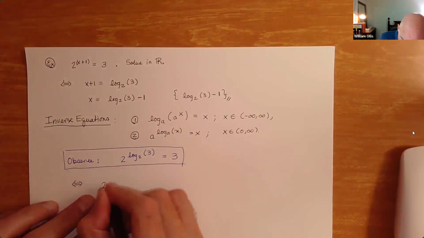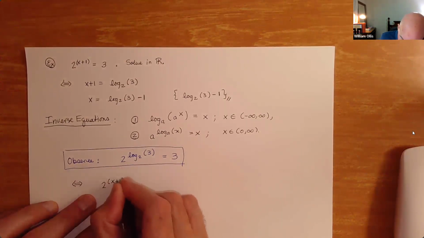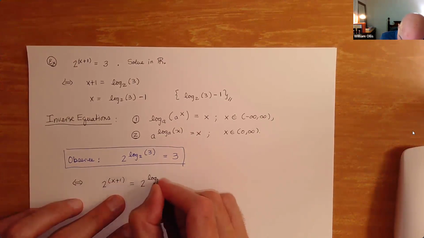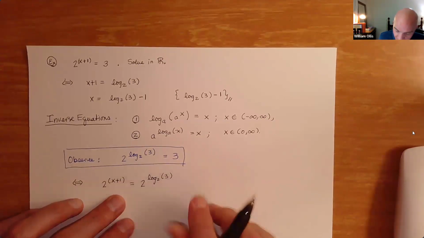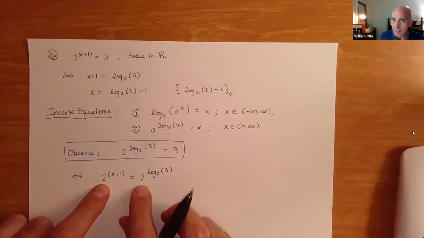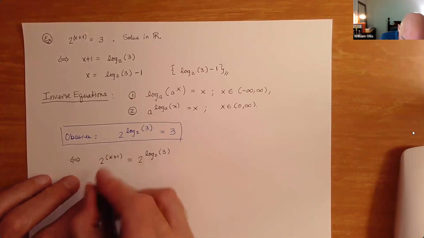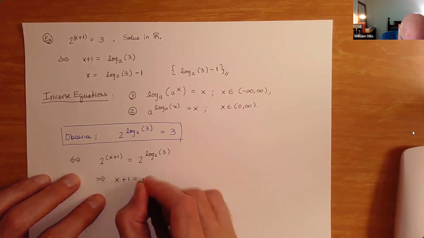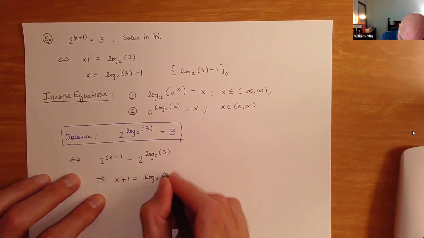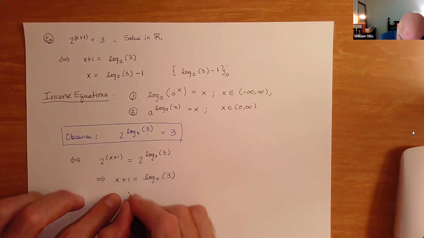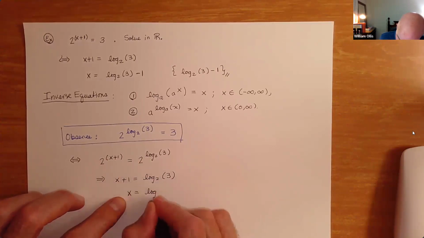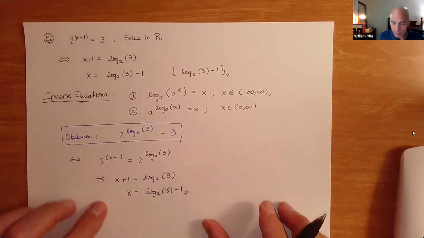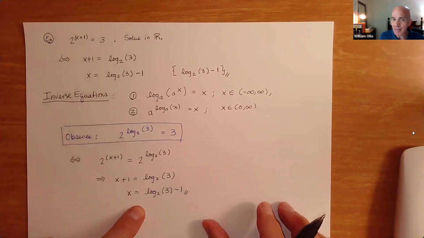So we have 2 to the x plus 1 equals, now we have 2 to the base 2 logarithm of 3. But now the 2's are aligned, the bases are aligned. So by 1-to-1, we have x plus 1 equals the base 2 logarithm of 3. And if we solve for x, x equals the base 2 logarithm of 3 minus 1. What's a logarithm? Power of the base. We'll get exactly the same answer.